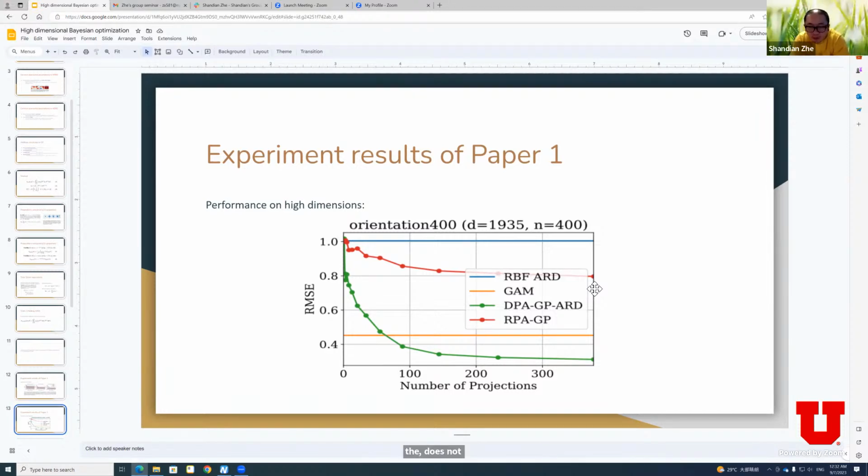Oh, okay. So if we use true orthogonal random projections, it could potentially surpass the green line. Because for the green line, the diversity trick, you cannot make sure that they are orthogonal.